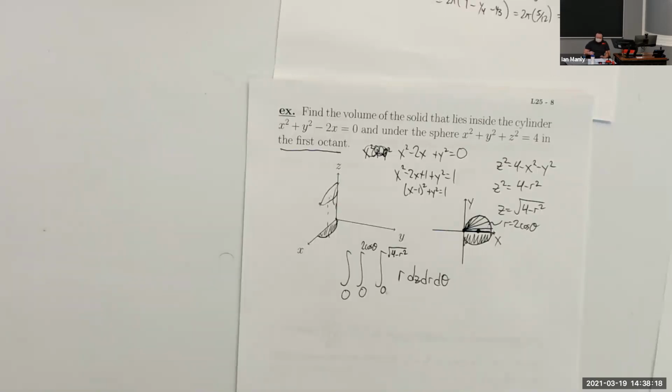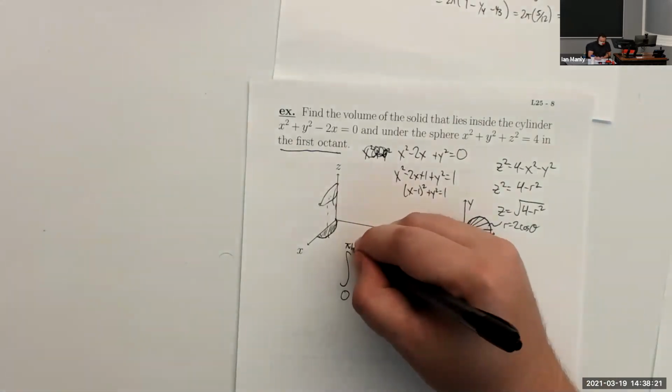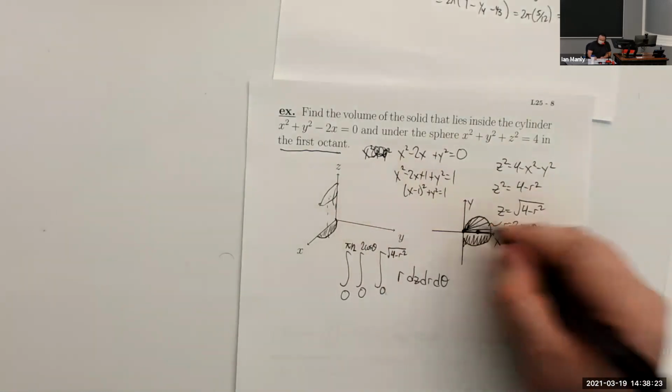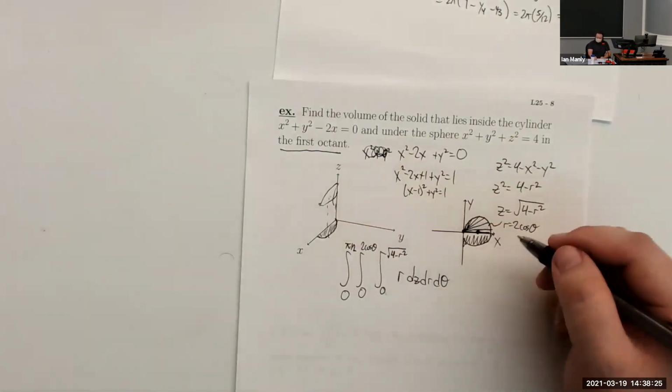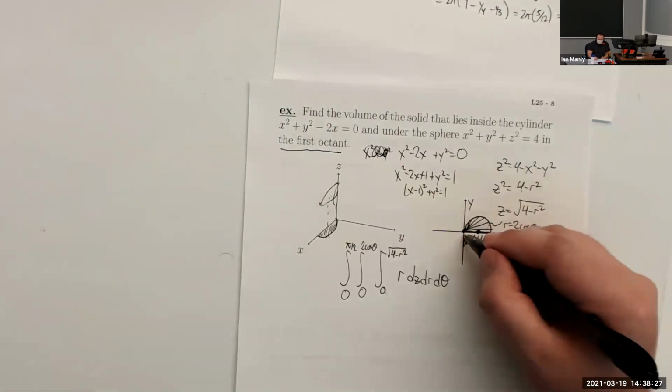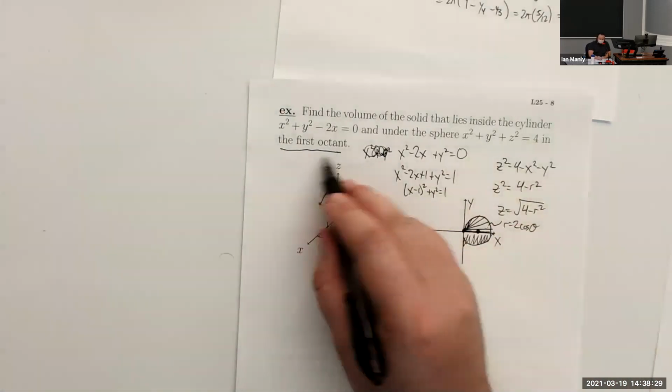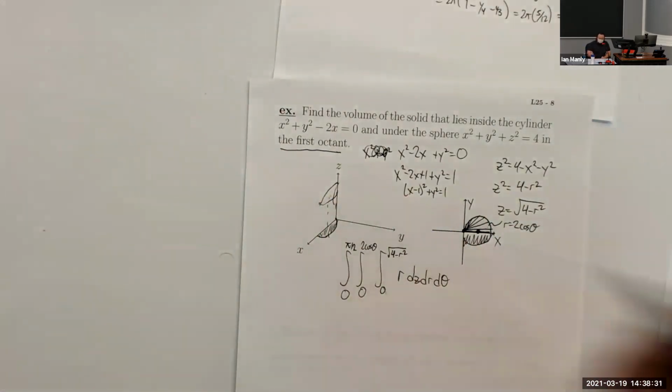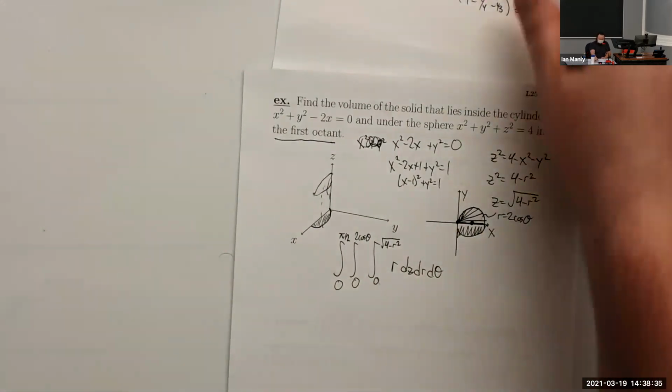That's right, guys. It's going to be pi over 2. So 0 to pi over 2. I saw someone earlier say negative pi over 2 to pi over 2. That would be if we wanted the whole circle right here, if we didn't have this first octant limitation, or at least if y could be negative.